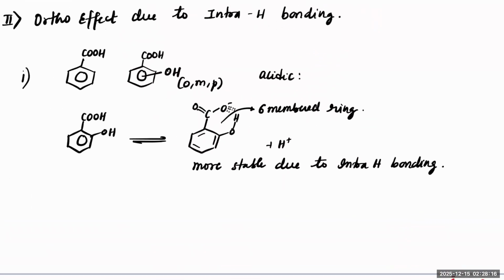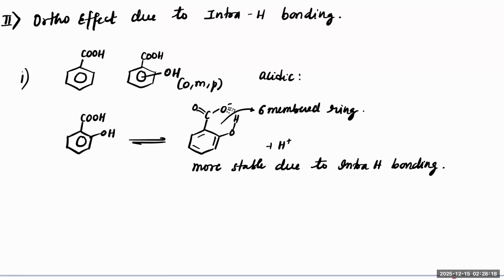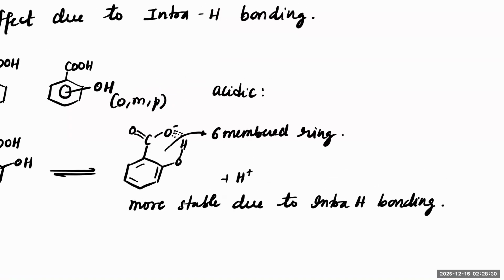Now, the cases where ortho effect is actually due to intra-hydrogen bonding. See what happens here. In case I have an OH group at ortho position, think about it carefully. If you have an OH group here, what should happen?